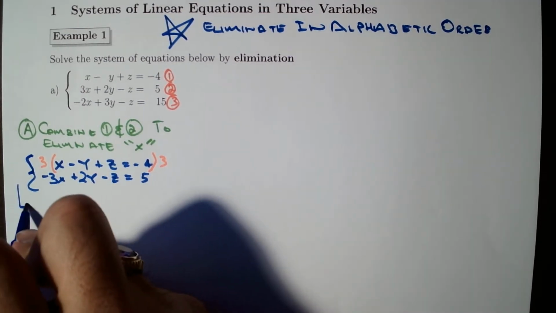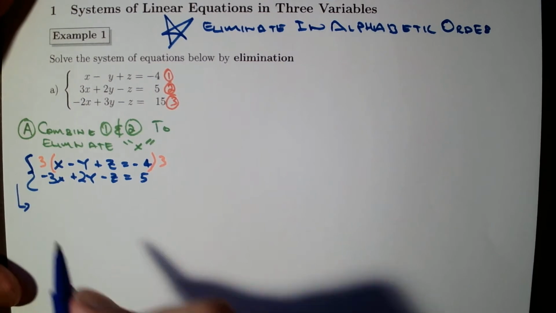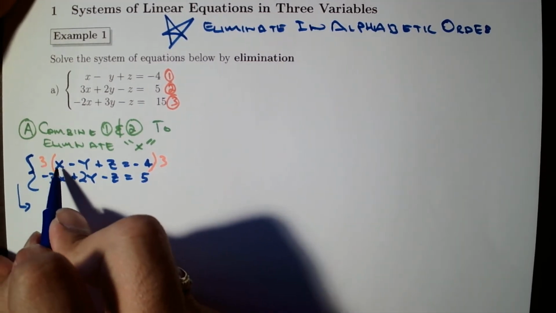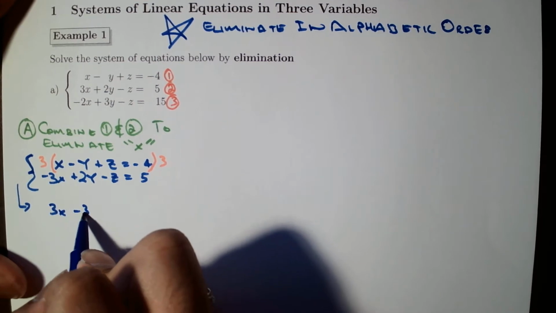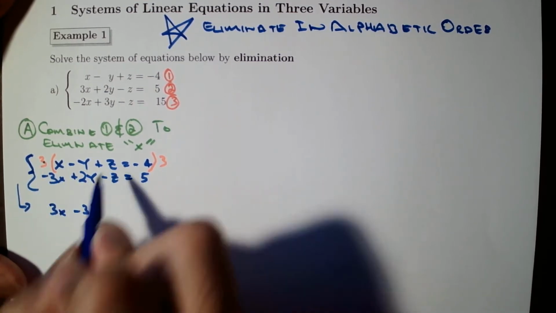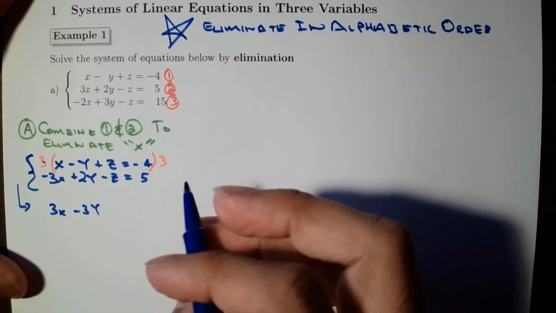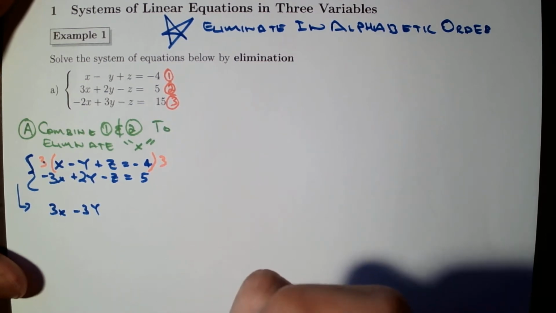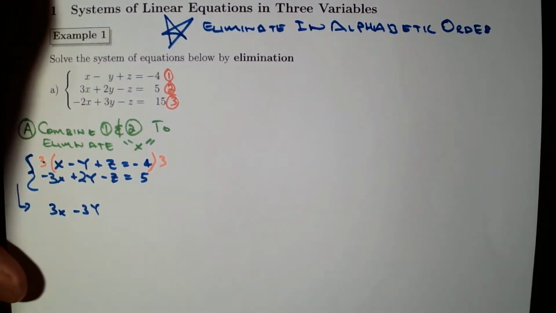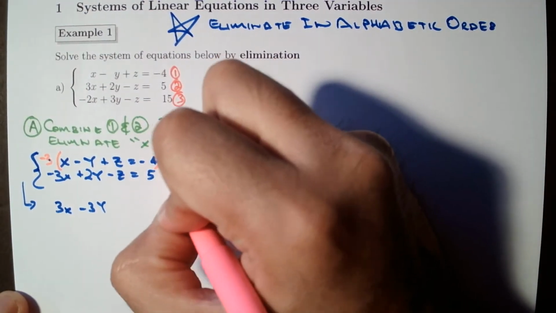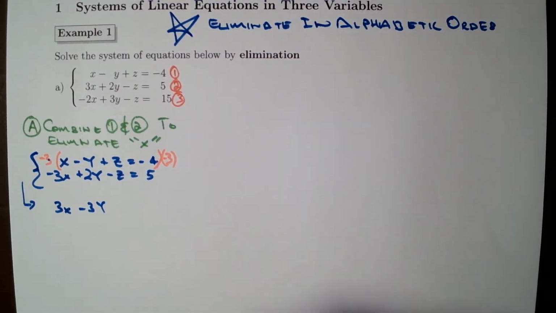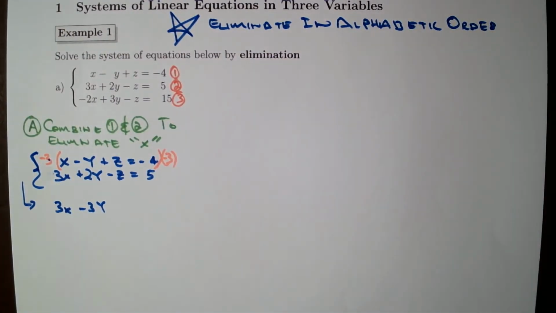So what I'm going to do here is rewrite the entire system. I'm going to distribute negative 3x, negative 3 times negative y, positive 3y, negative 3 times z. Actually, never mind, that's supposed to be negative, negative, and this is supposed to be positive. I don't know where I got that negative from.